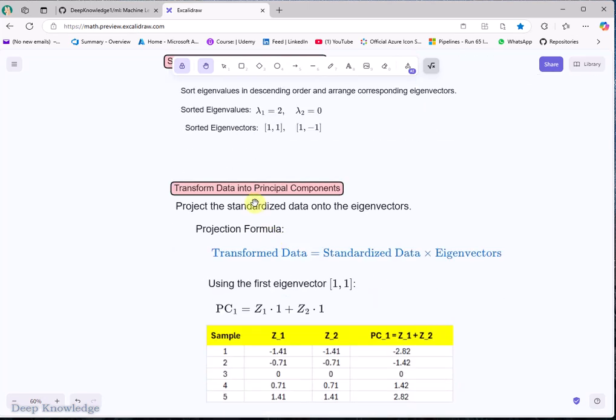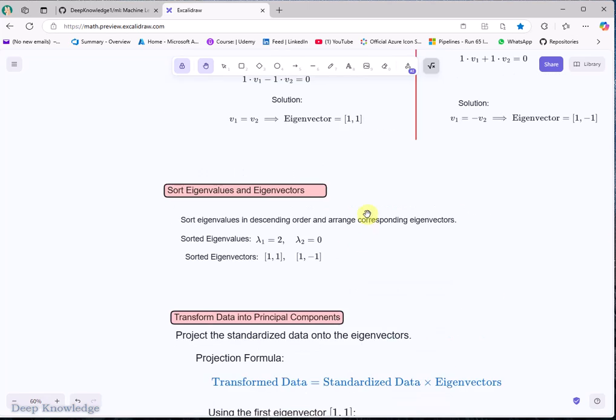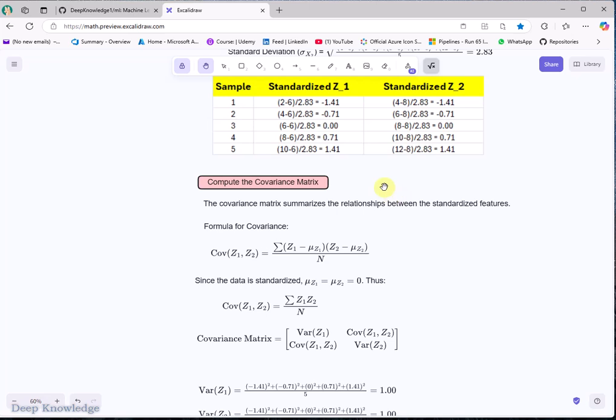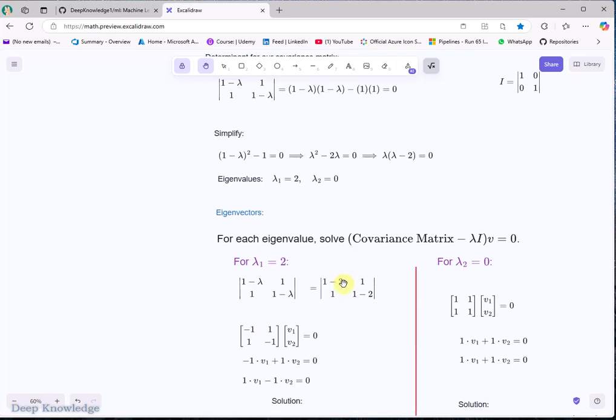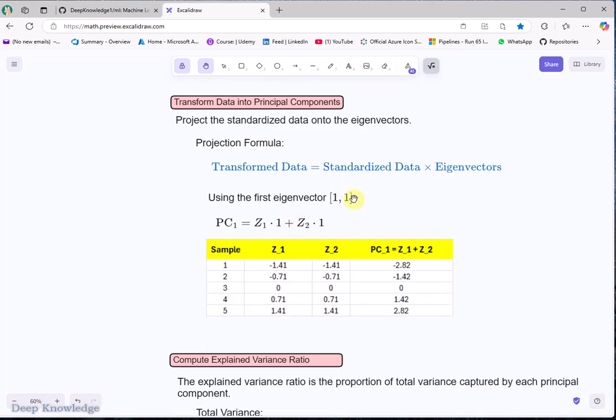So now we need to transform the data into the principal components. The data we transform will be the standardized data, this one here, for instance, which we have in the beginning. This is the normalized data multiplied by the eigenvector. For the eigenvector in the beginning, we have 1, 1 for the first principal component. It will be z1 multiplied by 1, and z2 multiplied by 1.